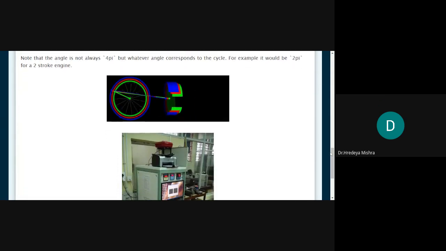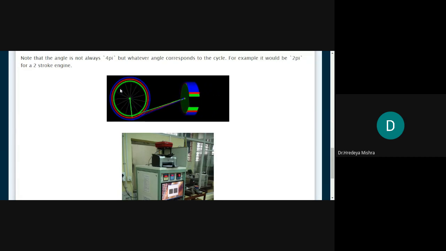Now, see, here is the simulation of how the piston works. This is our piston, this is our crank, this is our crankshaft, this is the connecting rod. So what is the work of the connecting rod? The connecting rod connects the piston to the crankshaft, and the crankshaft rotates the crank.